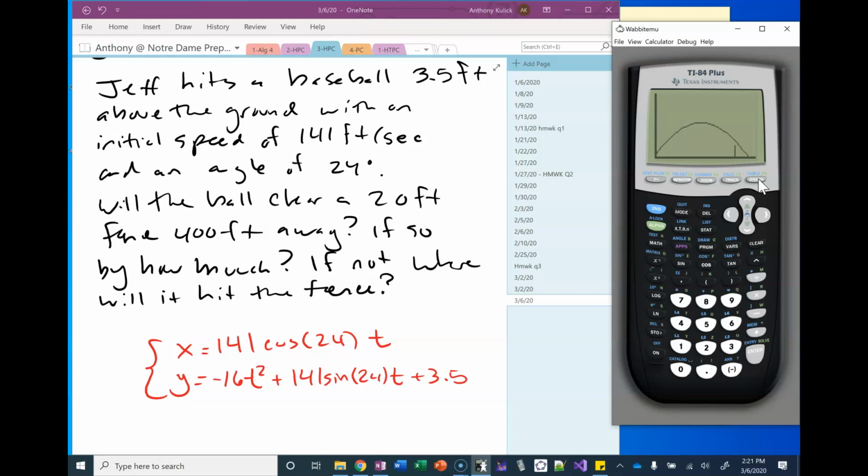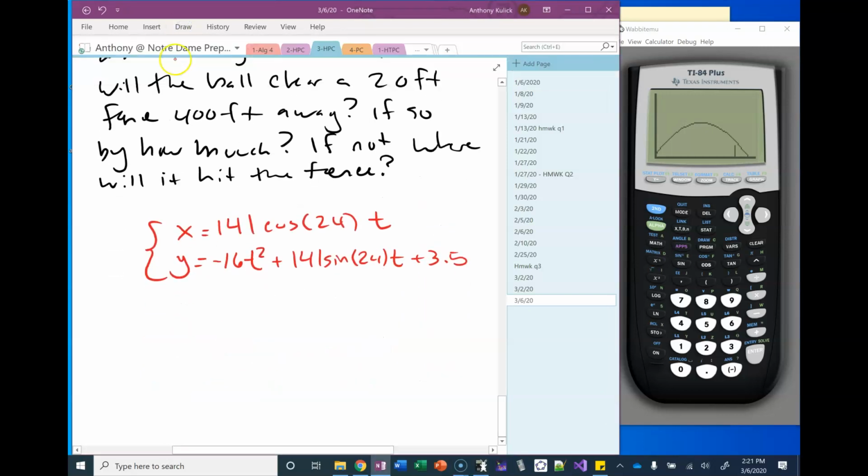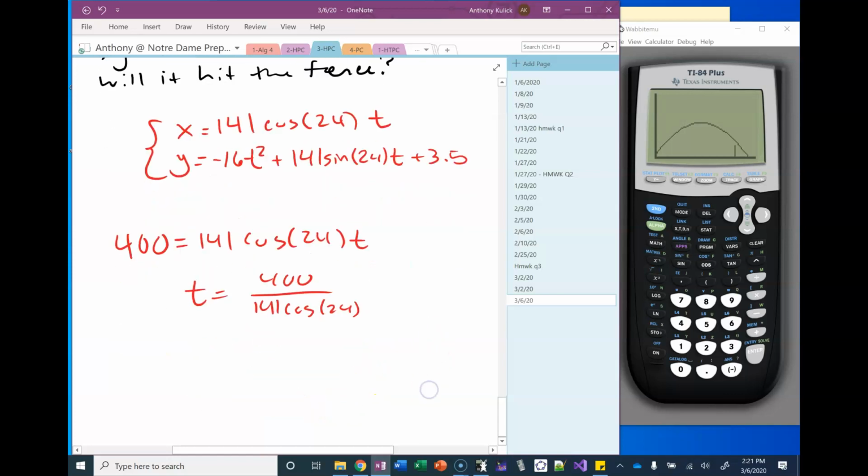So let's see by how much. Sound good? So we'll do this the same way. I'll use my x equation to solve for t, and then I will plug that answer in for t into my y equation to figure out that height.